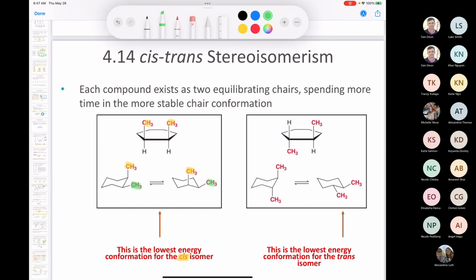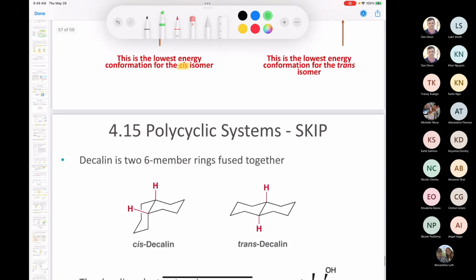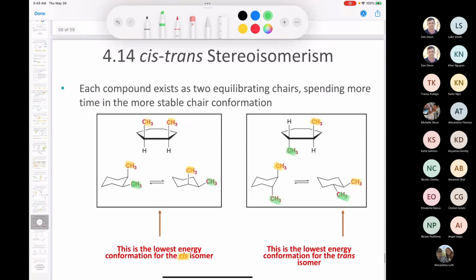Whereas if you look at the trans, you see something very different. In the trans, here are our substituents. We have a methyl group and the other methyl group, but now you've got one going up and one going down, meaning that you have one axial up and one axial down in the first conformation. But in the second one, you have one methyl group going up equatorial and the other methyl group going down equatorial.